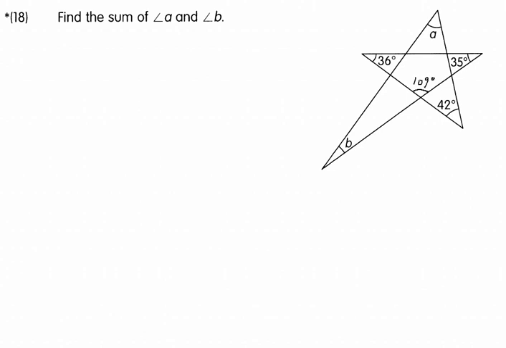After getting this 109 degrees, what do you think we should do next? Wait. Clarence? Angle in a straight line, right? Okay, but which straight line are you using? This one. This straight line, right?